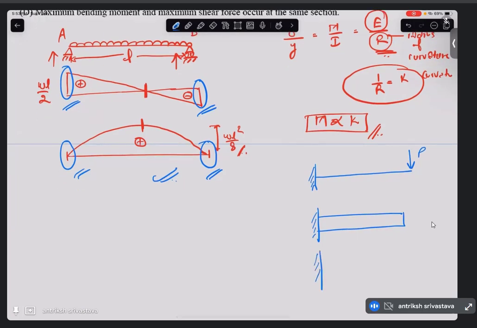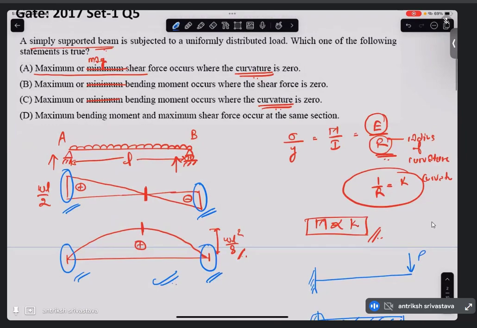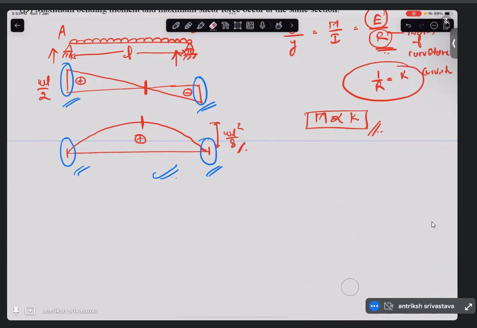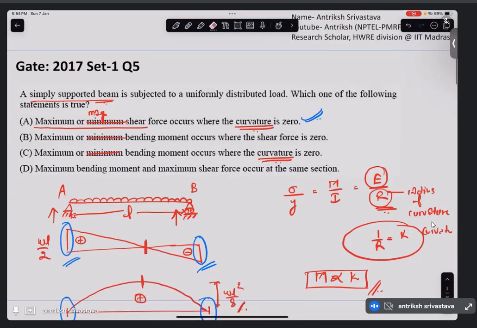And the bending moment diagram is going to be something like this. Now, the shear force is constant and it is not maximum. And where it is maximum, not necessarily your bending moment is zero, right? So as I said, this question was ambiguous. In this particular case, this option may seem correct, but it is not always correct. You have to keep that in mind. So we'll just keep a question mark here.